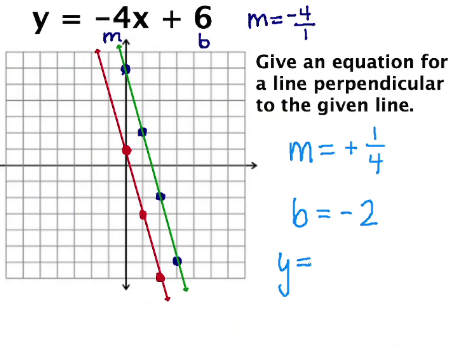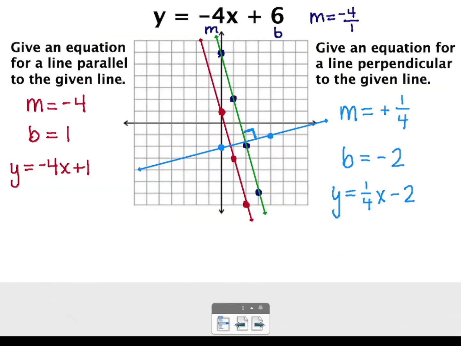So I'm going to graph the line y equals 1/4 x minus 2. Doesn't that look nice and perpendicular to my original line? So again, we use the slopes to determine whether we have parallel or perpendicular lines.